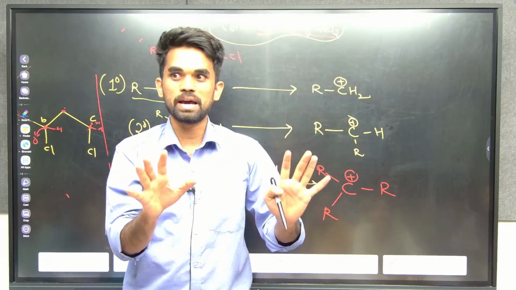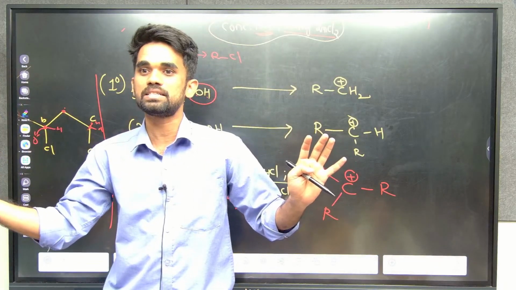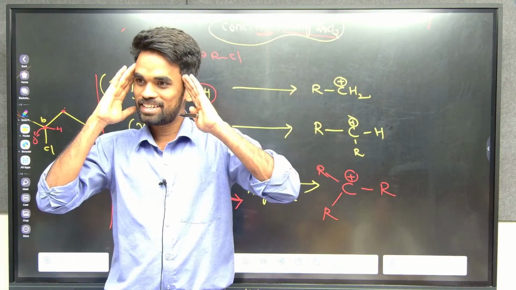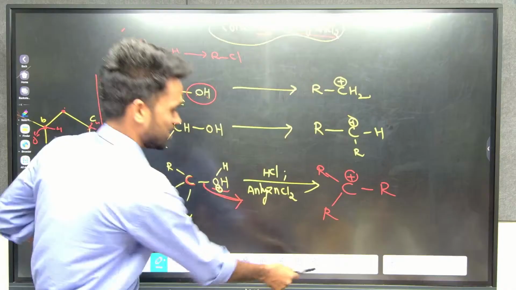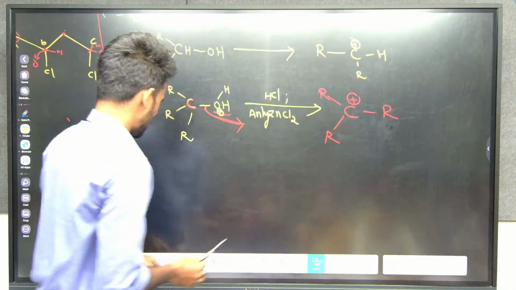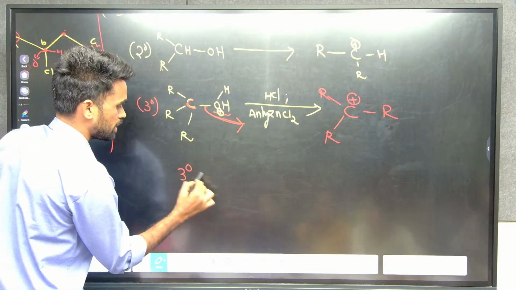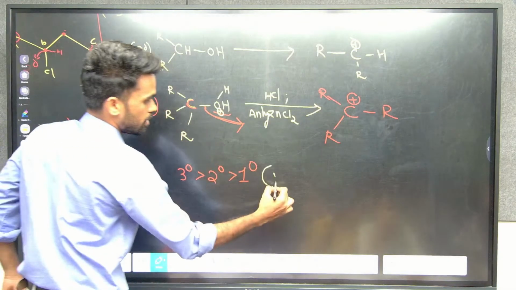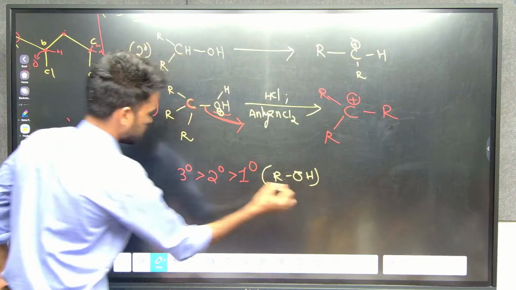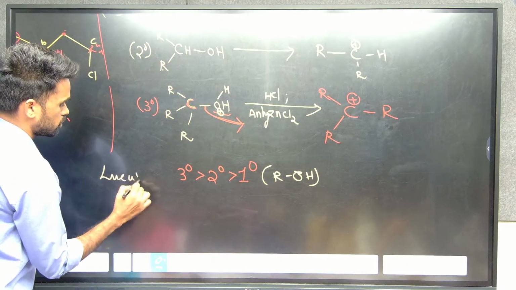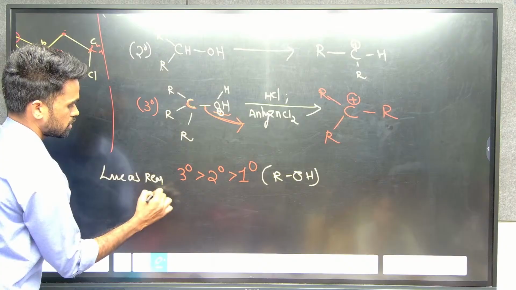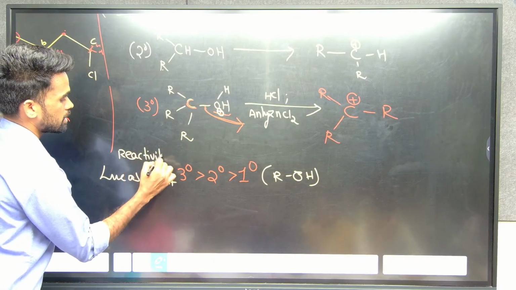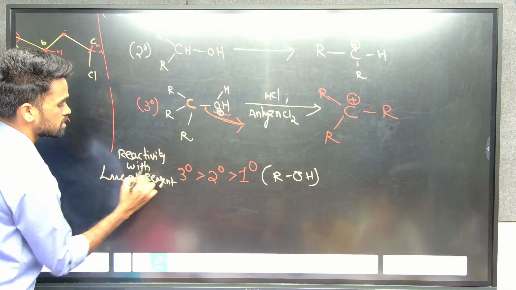So now just imagine which is giving the reaction very fast. Tertiary. Next, secondary. Okay, that's it. So what is the reactivity order? 3 degree, 2 degree, 1 degree alcohols, reactivity with Lucas reagent.